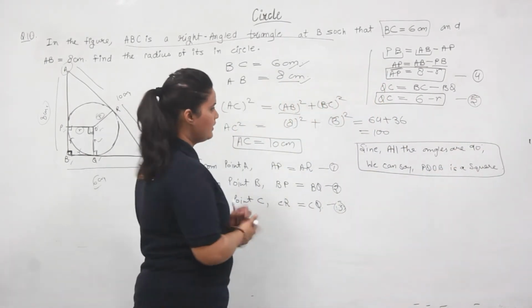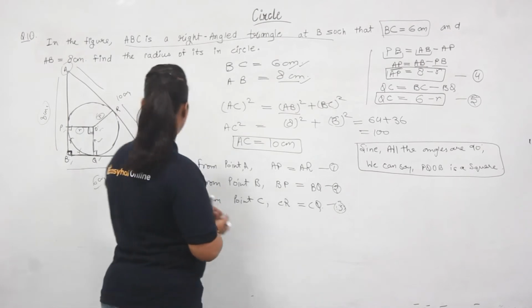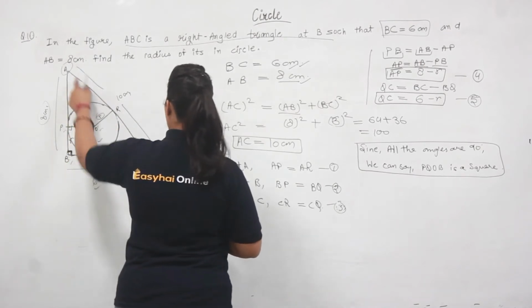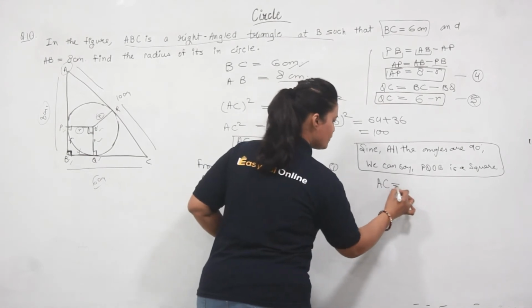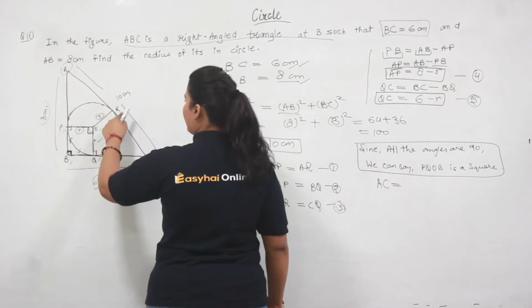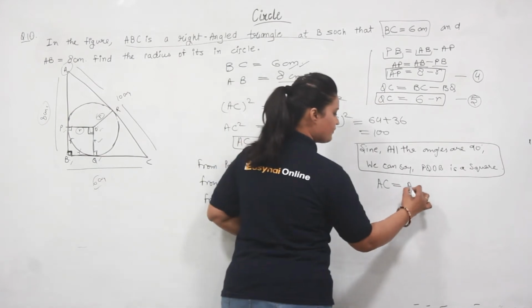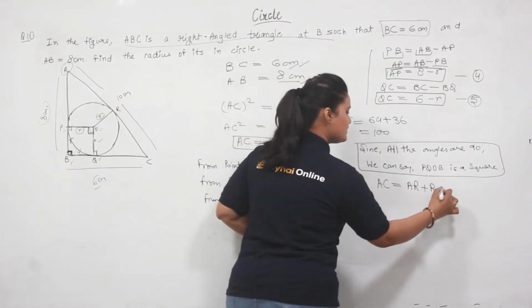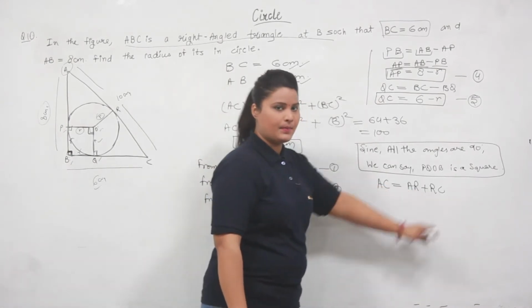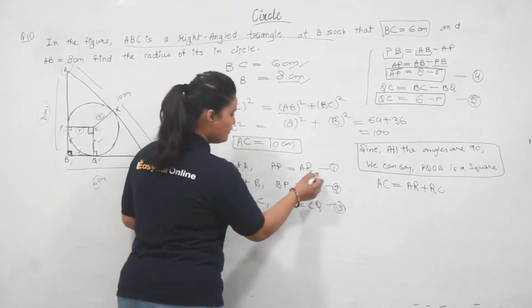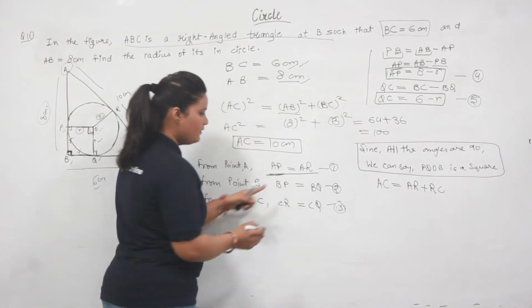Okay? Now just think about it, that here is a tangent AC. So I can write AC is equals to AR plus RC. Can I write them as AR plus RC? And by equation first, AR is equals to AP.